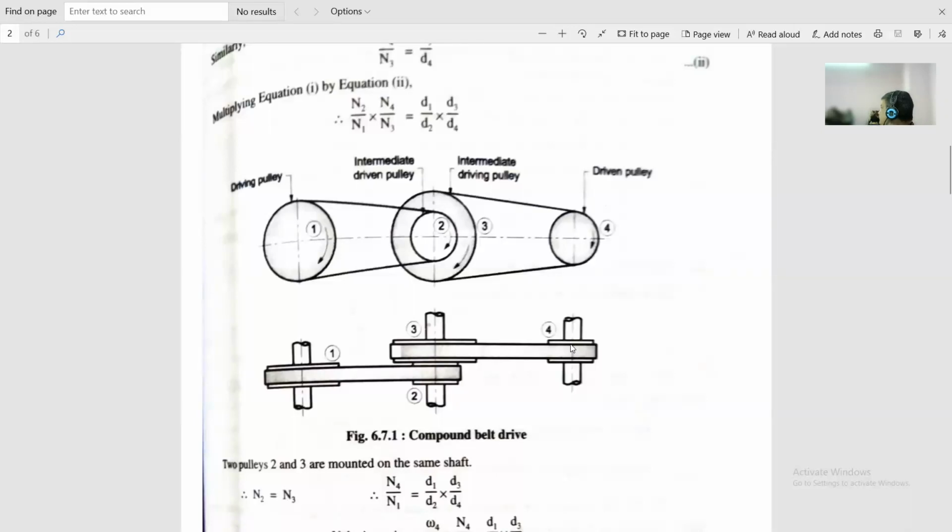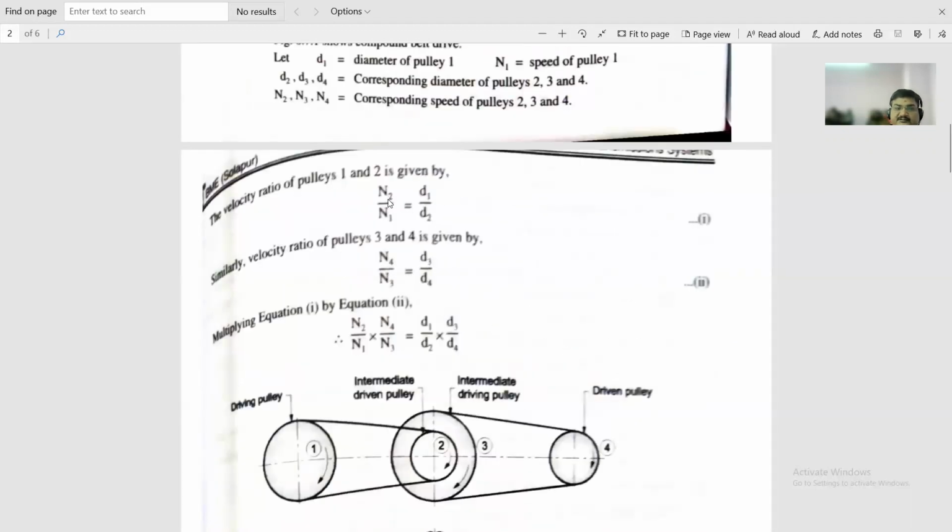that is compound belt drive. Okay, when you want to calculate the velocity equation for the first and second, the velocity ratio you take, what does it come to? N2 by N1 is equal to D1 by D2, right? It is inversely proportional. First driven, then driver below, correct. So N2 first, N1 after, and diameter will be D1 first and D2 second, or in the denominator.